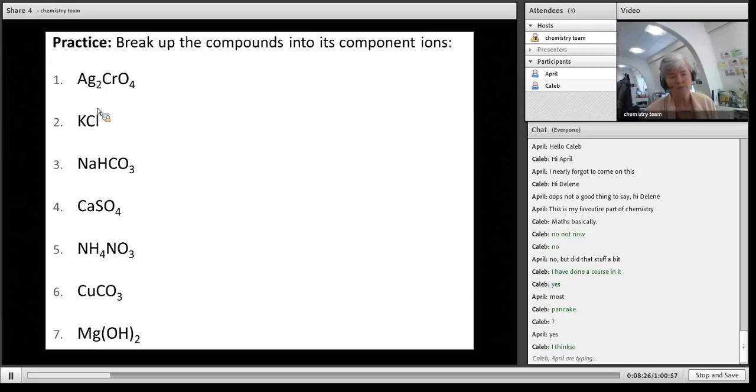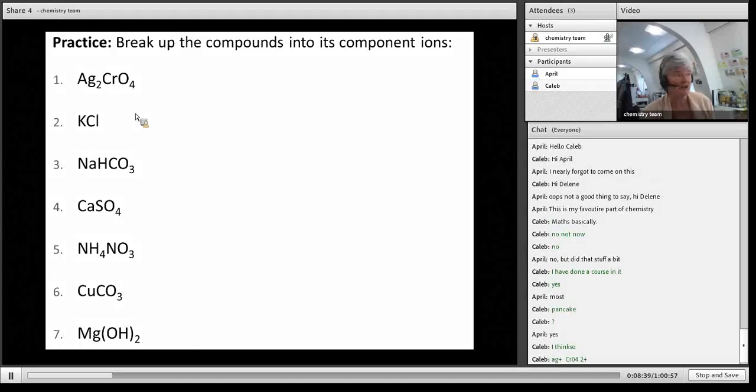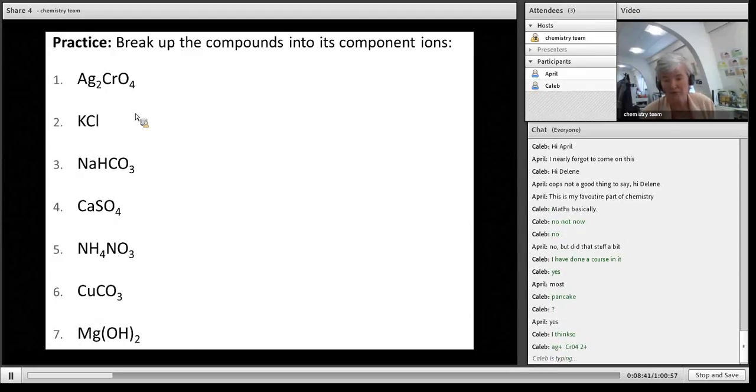It's only ammonium that's a non-metal cation. And then you've just got to remember the polyatomic ions. Silver chromate or silver dichromate comes up a lot on the exam, so that's why I put that one first. Correct, Caleb. Except it's 2 minus, so it's CrO4 2 minus for the anion. Otherwise well done.